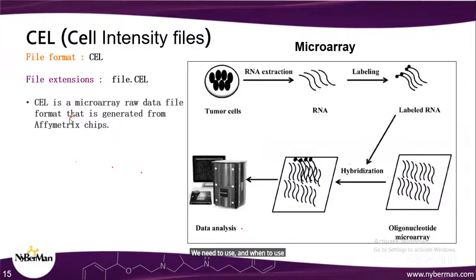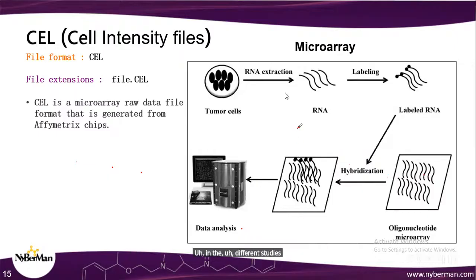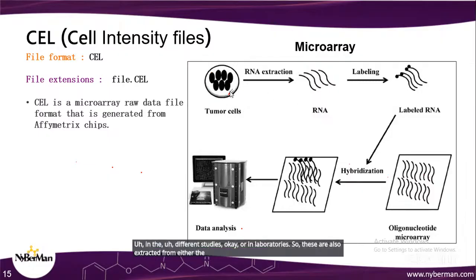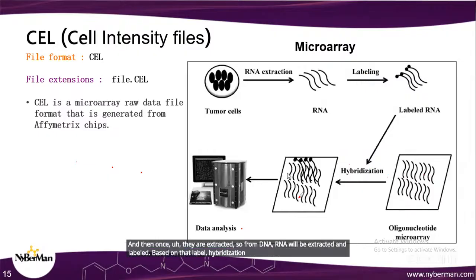Okay, so these CEL files have the information of genes which have already been reported in different studies or in laboratories. These are extracted from either diseased or healthy samples. Once they are extracted, RNA will be extracted and labeled, and based on that label, hybridization will be done on these chips. Here I have mentioned the Affymetrix chip.